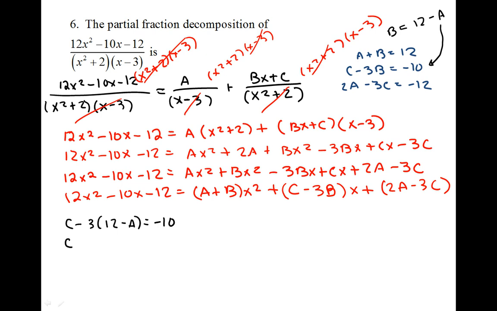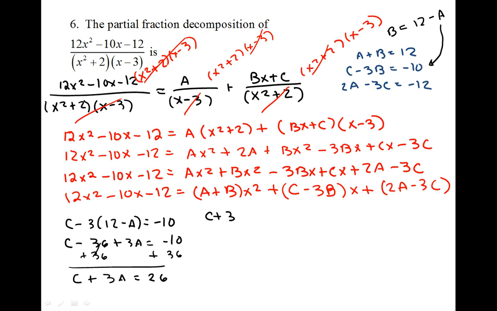So that's going to be C minus 36 plus 3A equals negative 10. And then I'm going to add 36 to both sides. So C plus 3A equals 26.